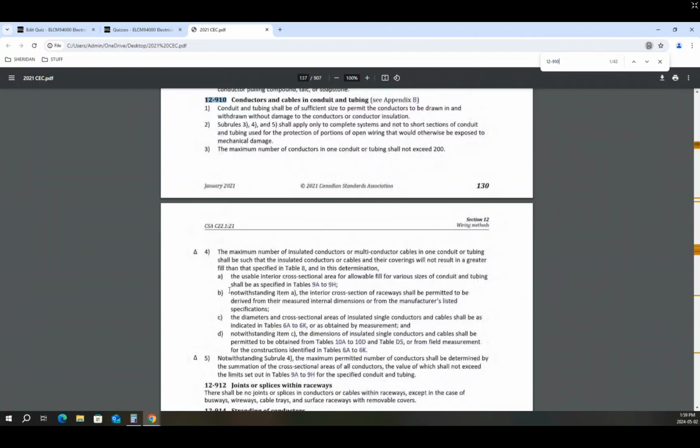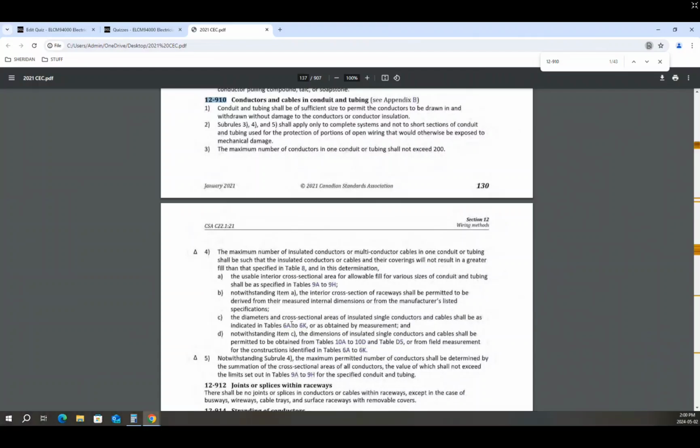Usable cross section from Tables 9 and notwithstanding, interior cross section of raceway shall be permitted to be derived from their measured internal dimensions. Diameters and cross sectional areas of insulated single conductors and cables shall be indicated in Table 6.